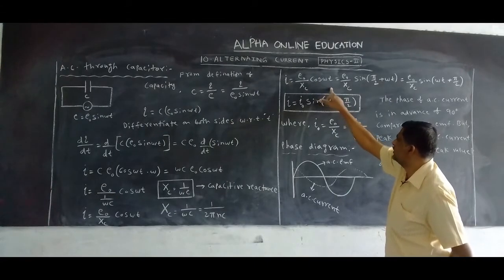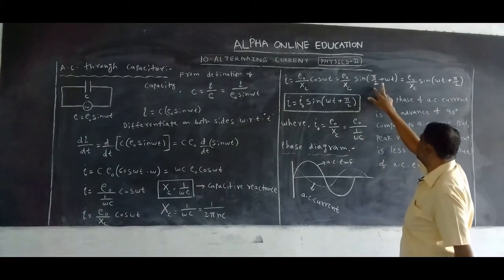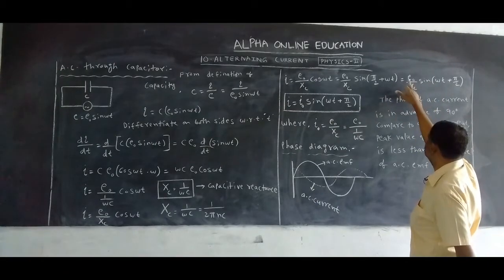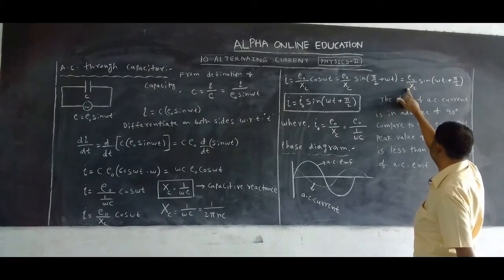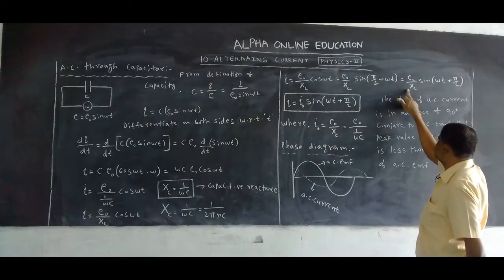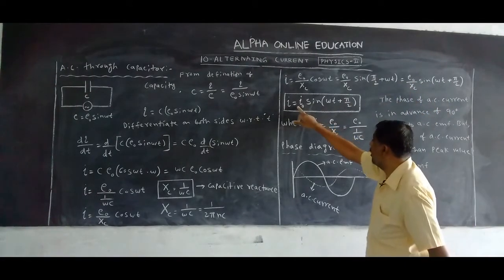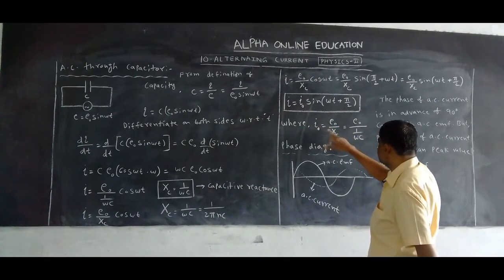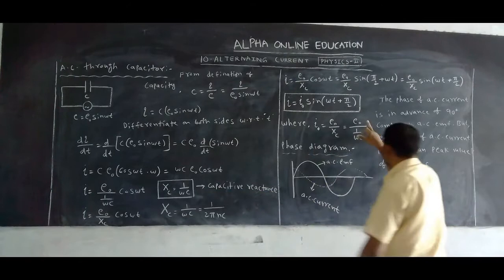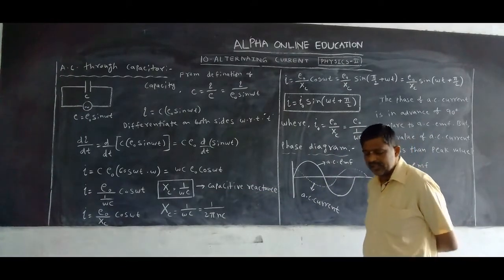We can convert the cos omega t into this form, it is a plus. Then I is equal to E0 by XC sin omega t plus pi by 2. E0 by XC is taken as I0. I0 is equal to E0 by XC. What is the value of XC? 1 by omega C.